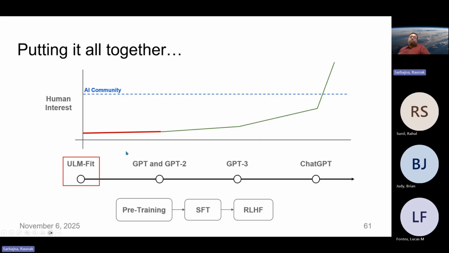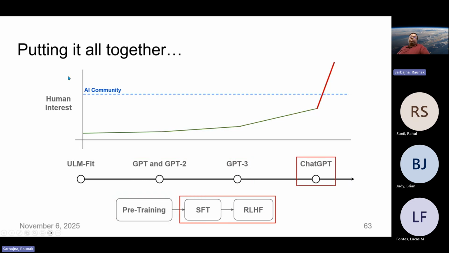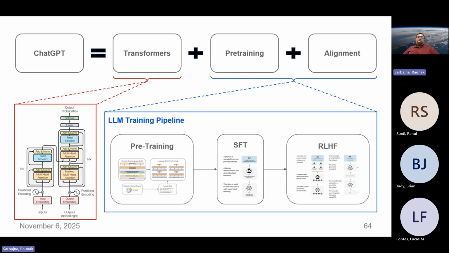Initially it was just simple language models. Then came the generative transformer models, GPT and GPT-2, which were entirely reliant on pre-training. ChatGPT brought in alignment, where it took the outputs of the original GPT model and aligned them to what humans were using. That's essentially what ChatGPT is.